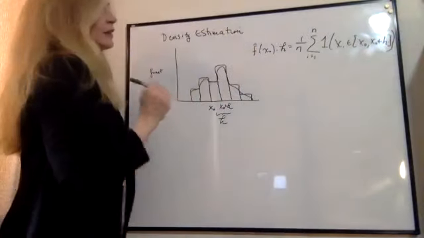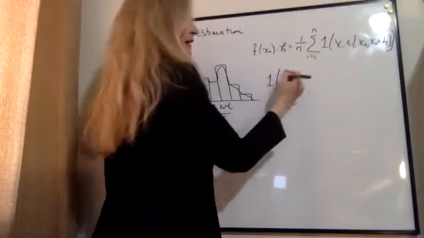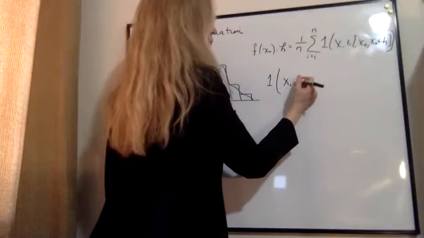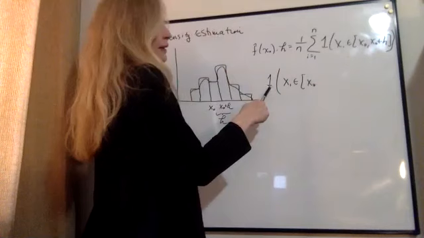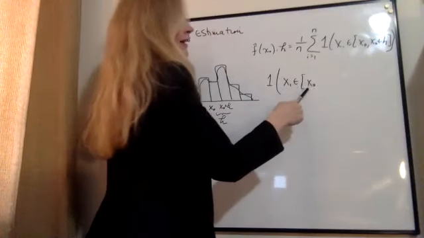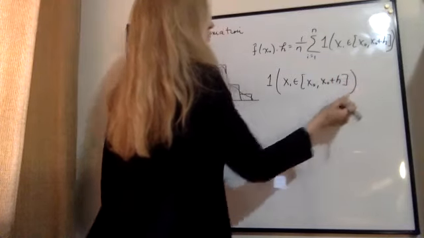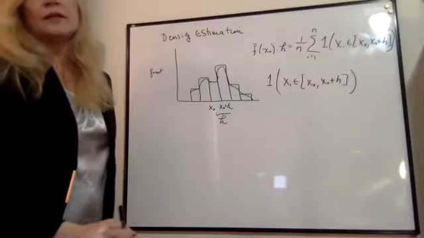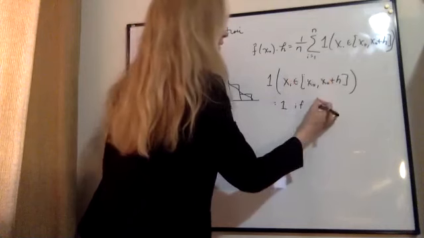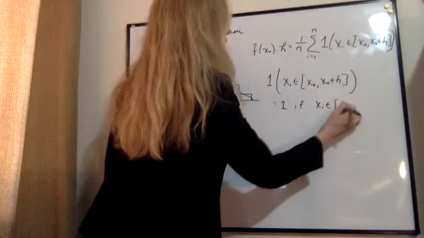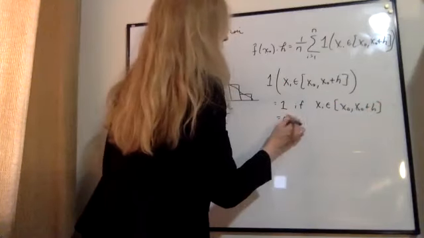Okay, so this notation here, let me just explain what it means. This is an indicator function notation. And this takes on a value 1 if the variable xi is in this interval. So that equals 1 if the condition inside is true, and equals 0 otherwise.